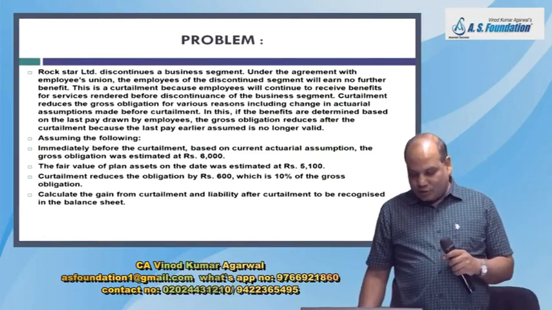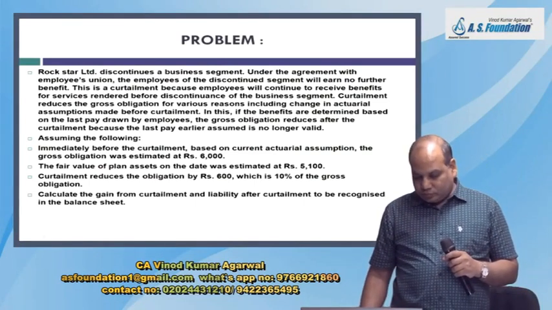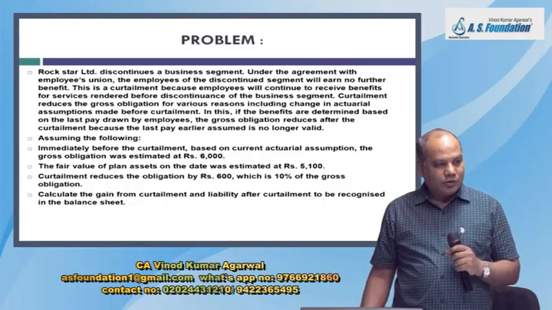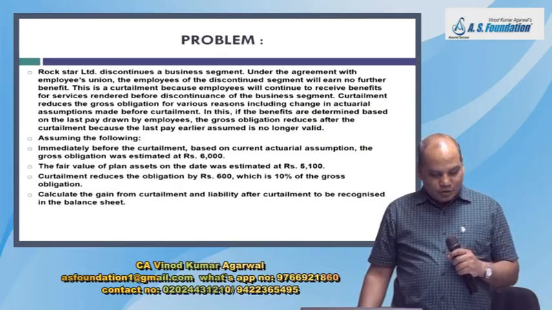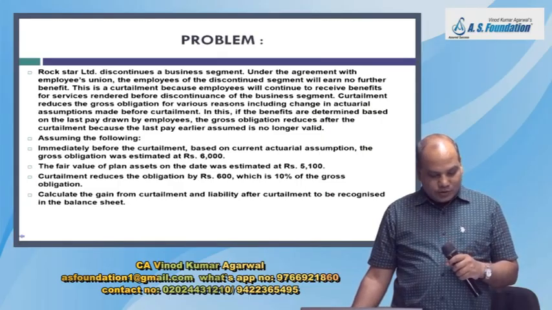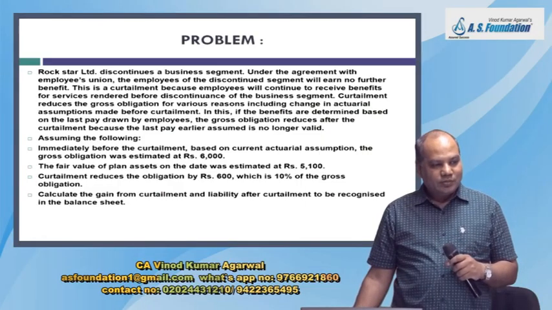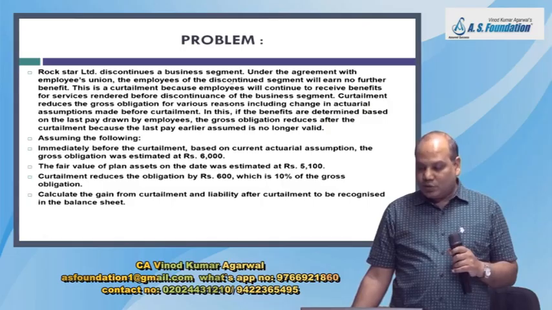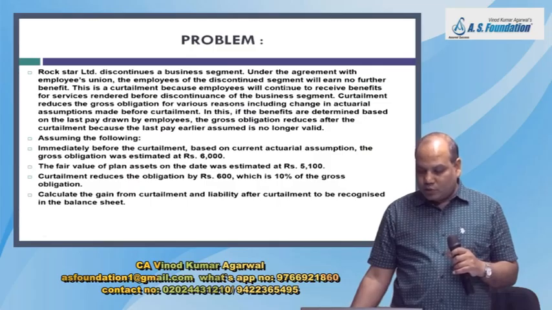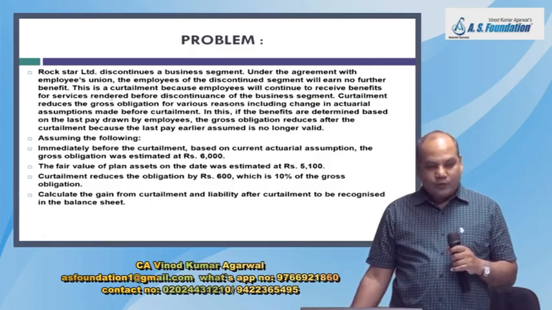100% same question with a lot of stories. So they convert them into case studies like this, okay? And you will find that questions 16 and 17 are actually the same. Now 17. Rockstar discontinues a business segment. Under the agreement with the employees union, the employees of the discontinued segment will earn no further benefit.